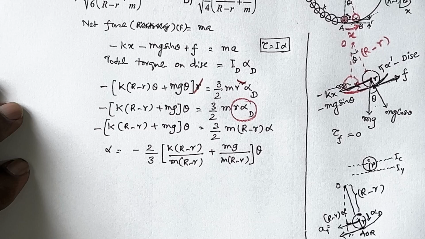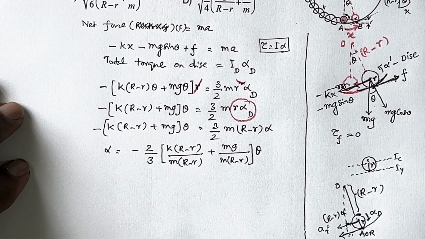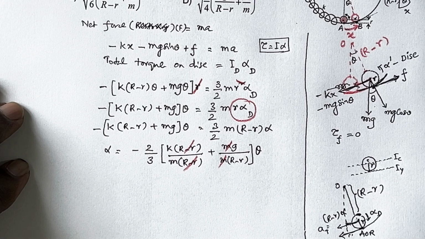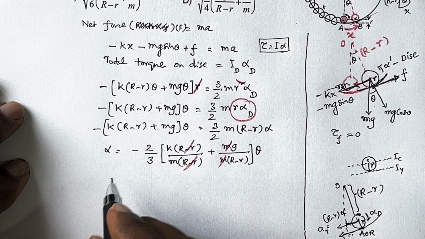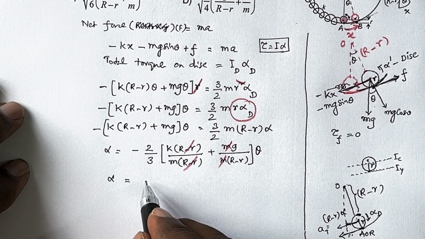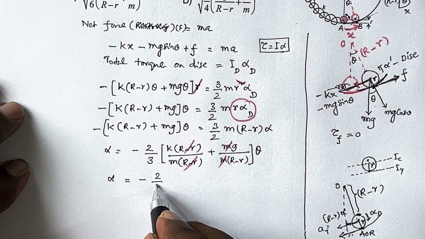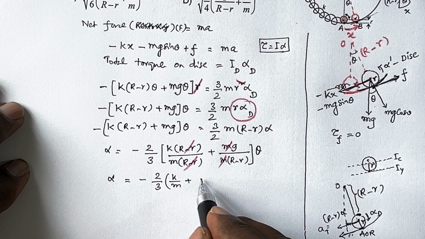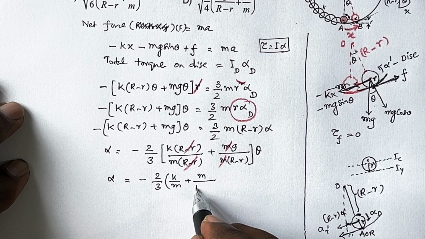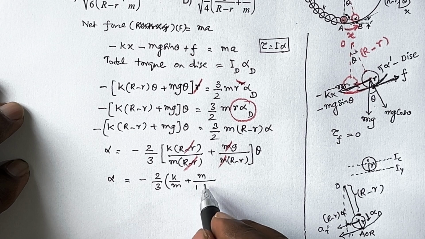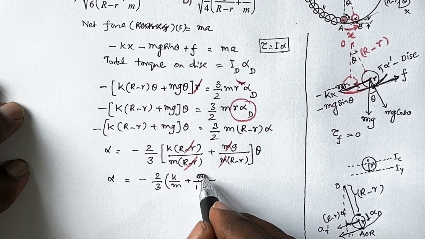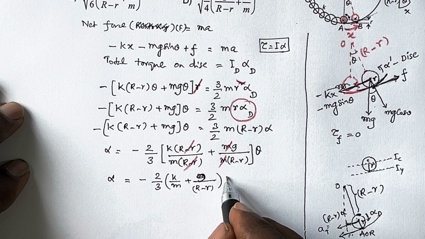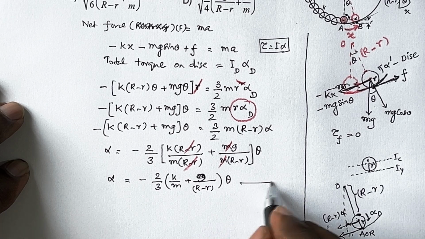So what are the things that get cancelled? (R minus r), m will cancel. So we got an equation: alpha is equal to minus 2 by 3 bracket start k by m plus g by (R minus r) into theta. This is equation 1.